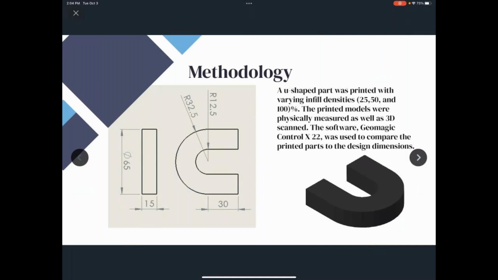The models were physically measured as well as 3D scanned. Moreover, software such as Geomagic Control X22 and GOM software was used to compare the printed part to the design dimension, as well as to find the strength and the stiffness of the PLA.